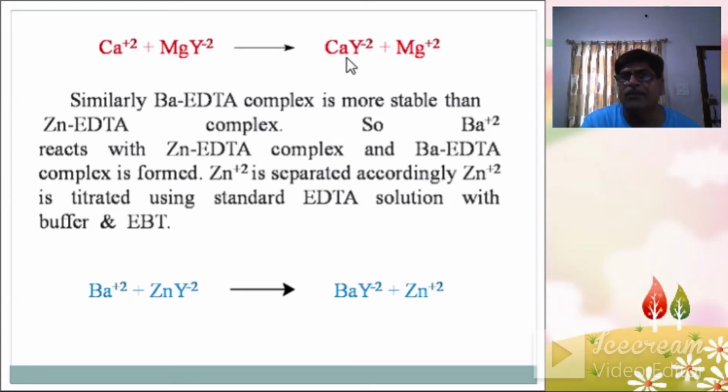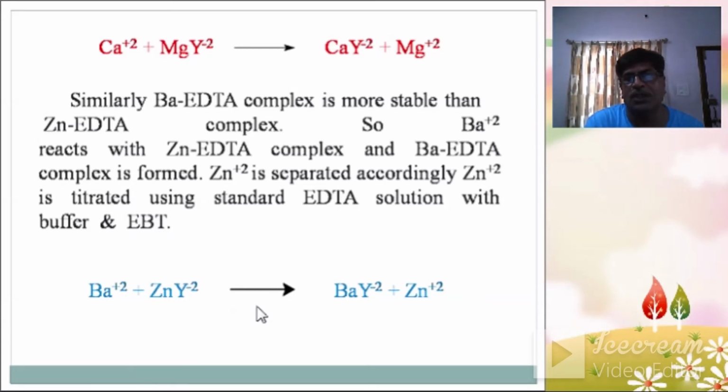So barium reacts with zinc EDTA complex and a barium EDTA complex is formed. Zinc plus 2 is separated accordingly. Zinc plus 2 is titrated using standard EDTA solution with buffer and EBT solution. These are the reactions: barium replaces zinc.